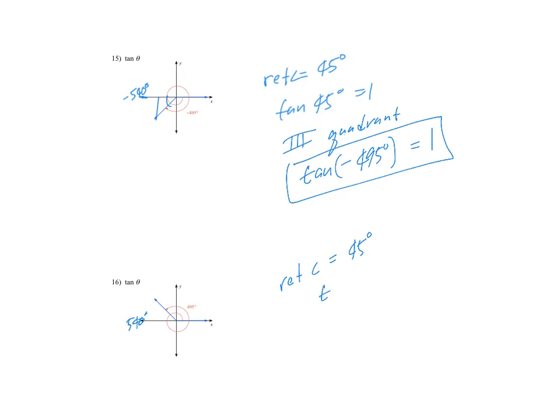Tangent of 45 is equal to 1. In the second quadrant, the tangent is negative. So the tangent of a 495 degree angle is equal to negative 1.